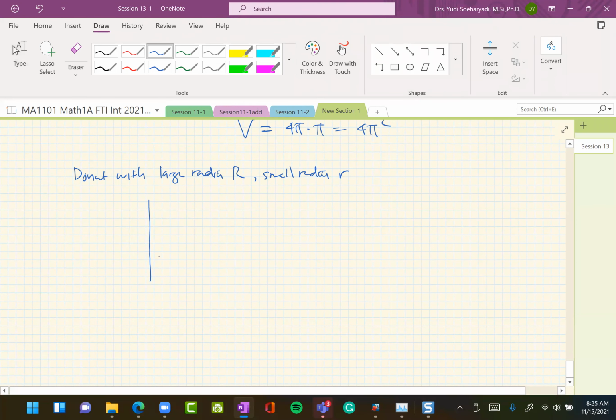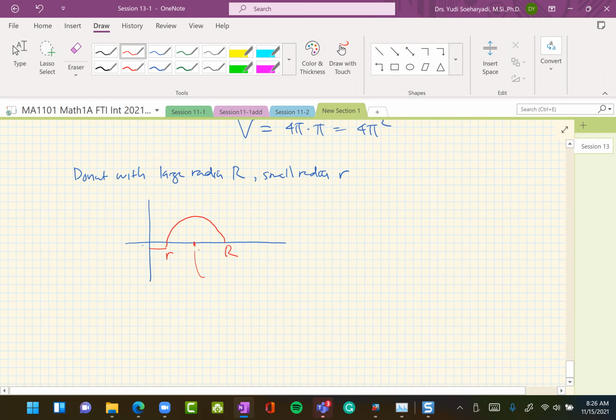This is what I meant. This R, this is R.